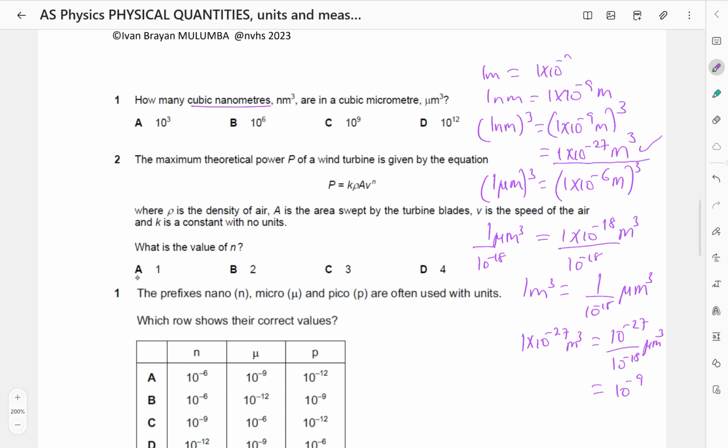Is it 10 power negative 9? What is the other way around? Let me see. We want to change from 1 cubic nanometer, which is 1 times 10 power negative 27 meters cubed. Sorry, it is the other way around because I'm changing from a bigger quantity.